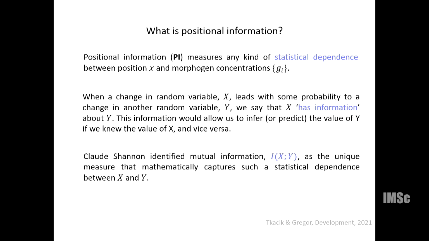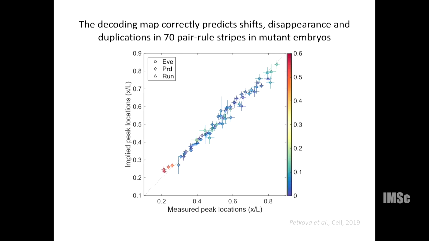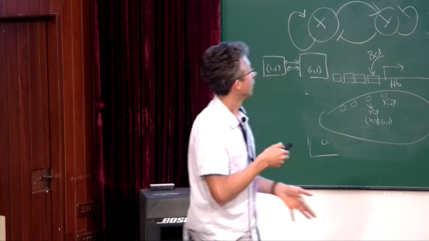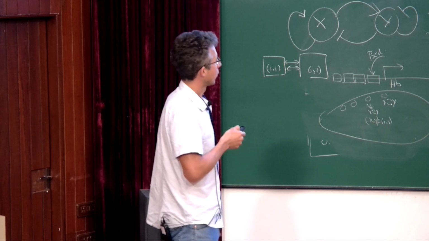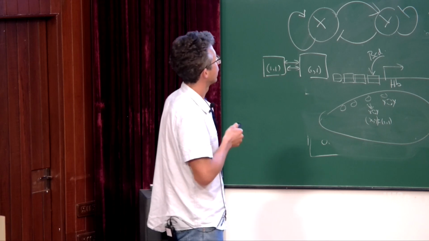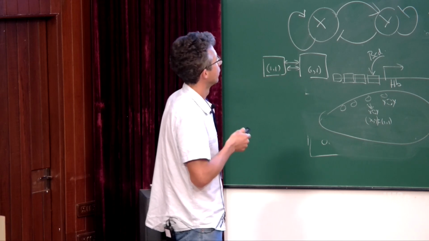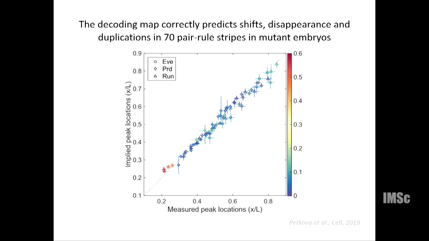We are using this term, yes? Sorry. Oh yeah. So these are different types of stripes, like the different genes expressed, and this is the measured peak location. So you have a mutant. That was the question. You measure the location in the mutant, and then what was the implied peak location?